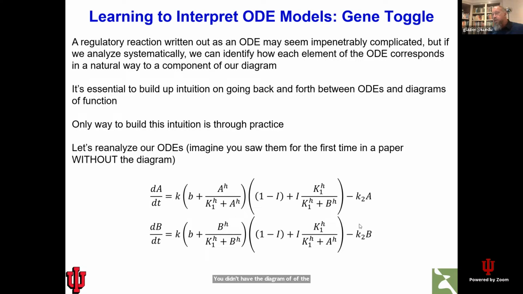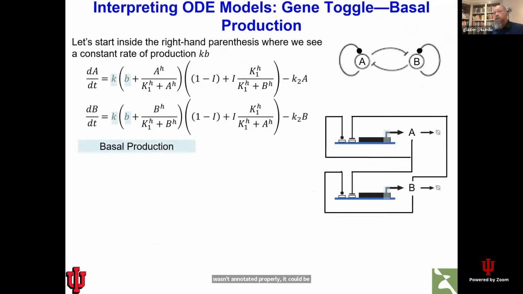And I just wrote the final form of these differential equations, which is relatively elaborate. And so if I saw these without building it up and it wasn't annotated properly, it could be confusing. So let's just think about it now for a minute, and I walk through step by step what the terms mean.